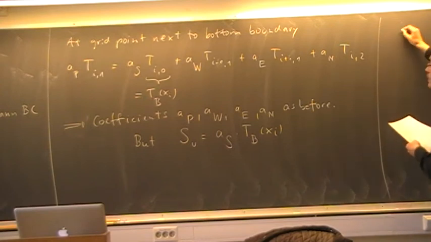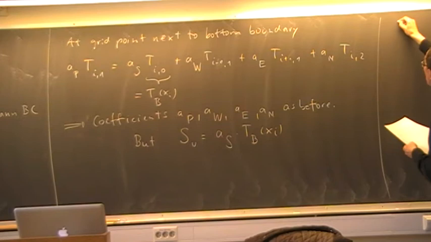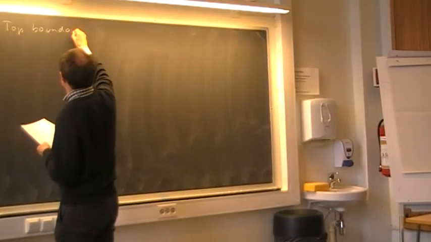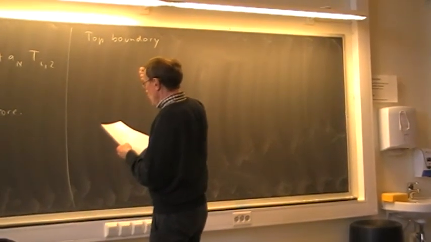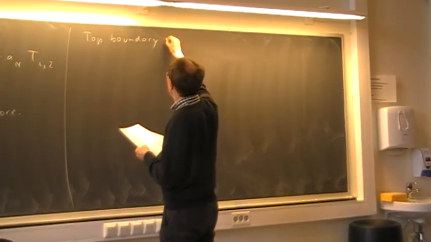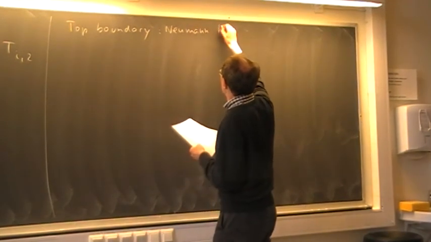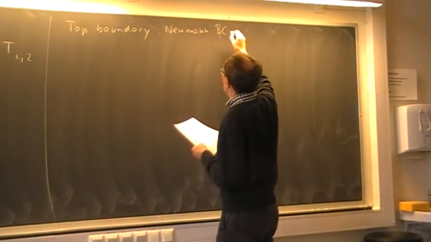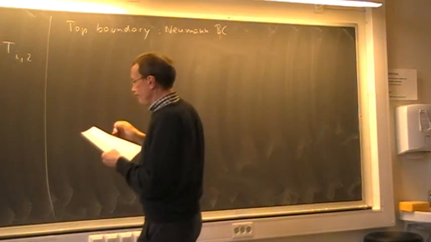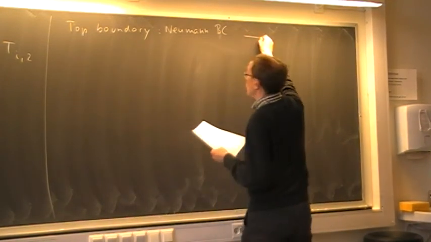So we have then the top boundary. We have the Neumann boundary condition, and we have it over there.